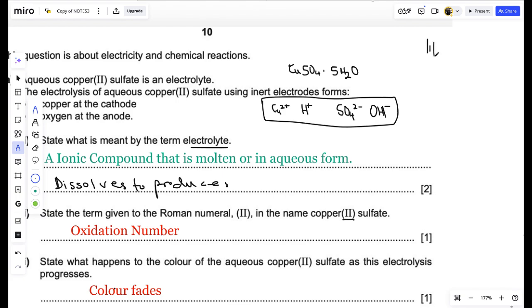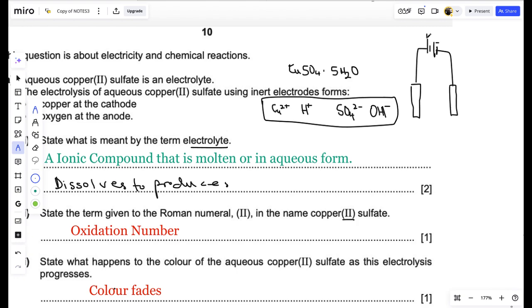You have the battery or the source of power. These are your electrodes. This is the anode, and this is the cathode. This is the negative side of the battery.